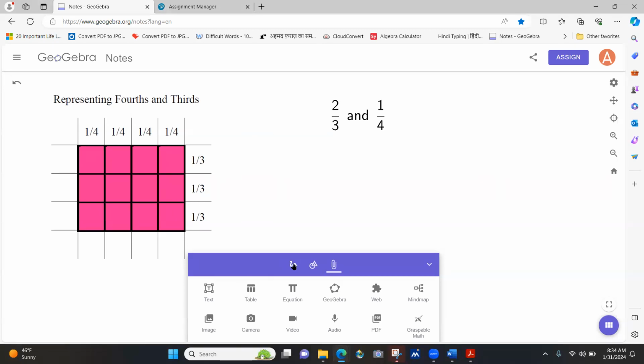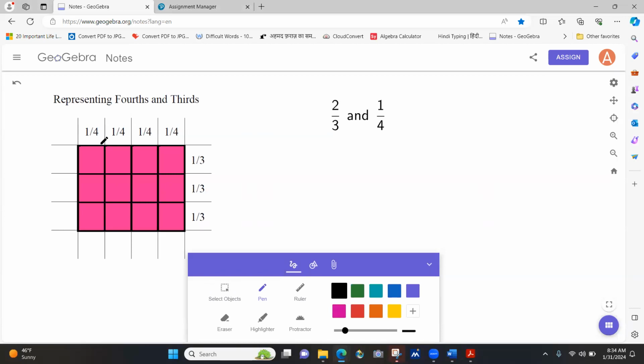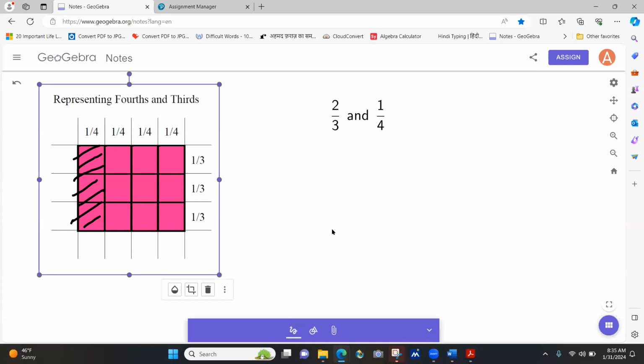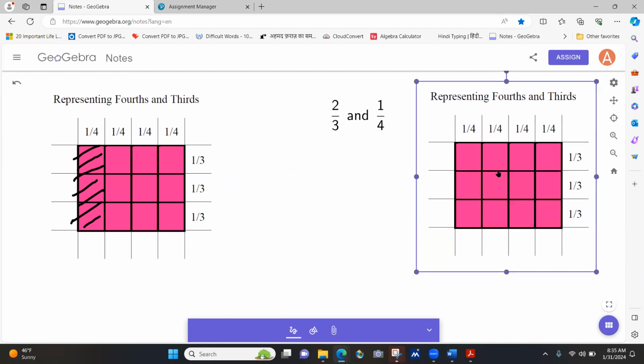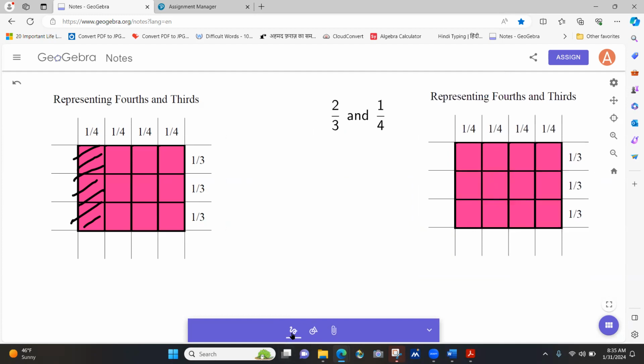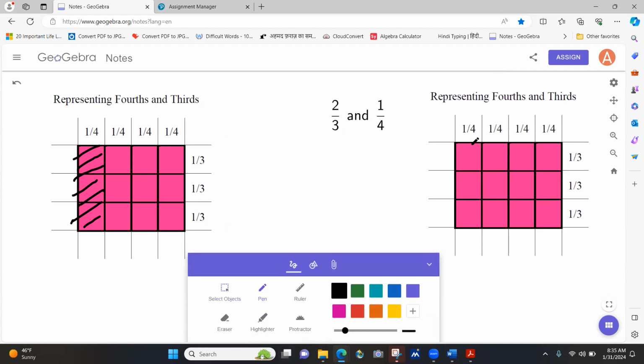So if I'm now supposed to shade 1/4, I'm going to do it like this. So let's make a copy of this. On the same picture, if I'm supposed to shade 1/3, I would do it like this.